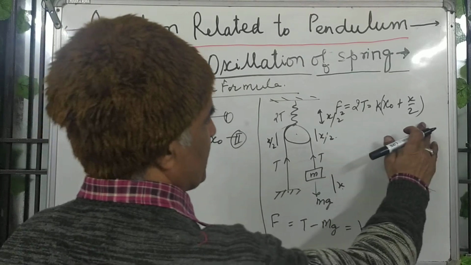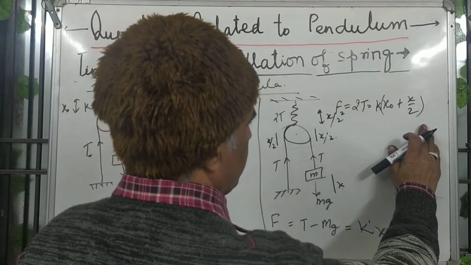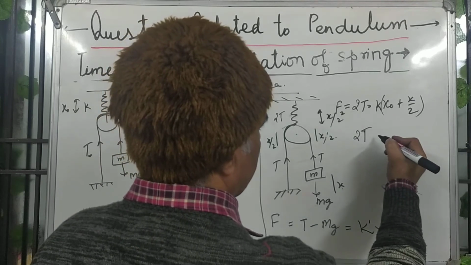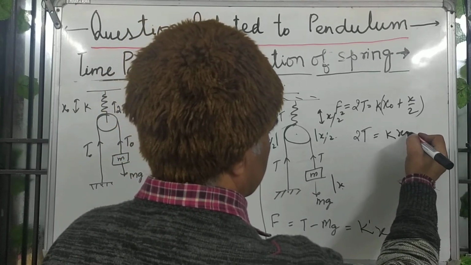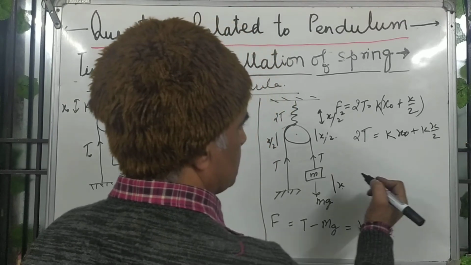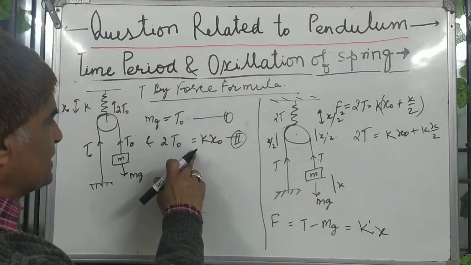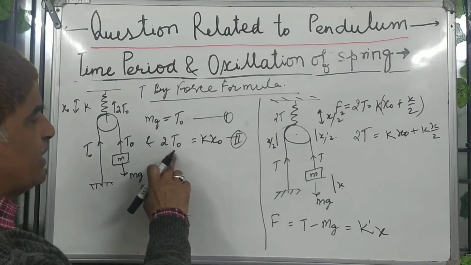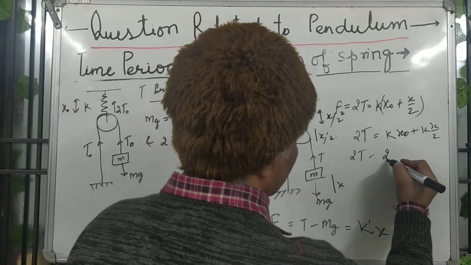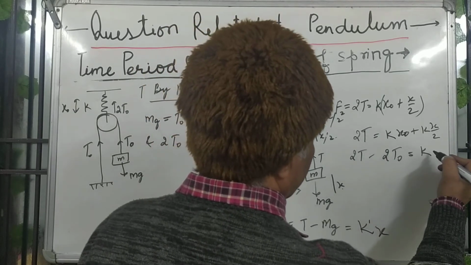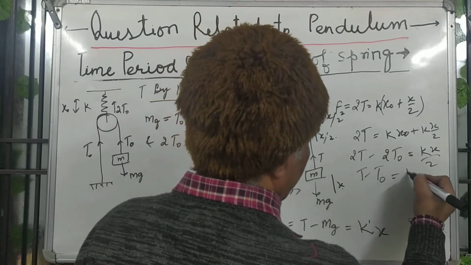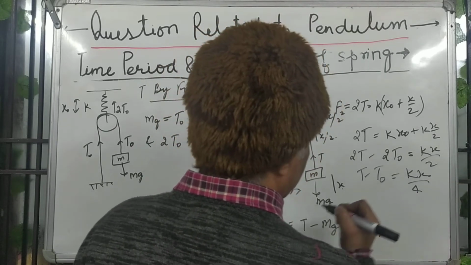So from this operation, 2T equals kx naught plus kx by 2, and k times x naught is twice T naught. You may substitute the value over here. 2T minus twice T naught equals kx by 2. So T minus T naught equals kx by 4.